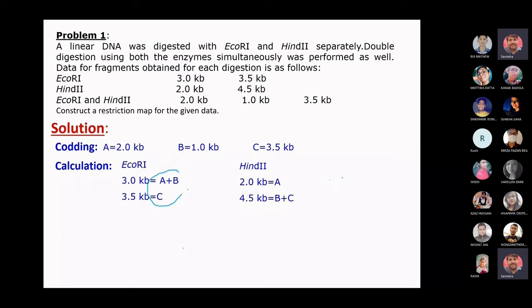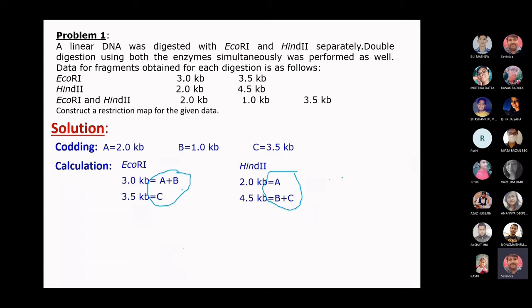You can see ABC over here and ABC over here. Neither should any code be repeated nor should any be left out. In both cases A, B and C are all used and none is repeated.